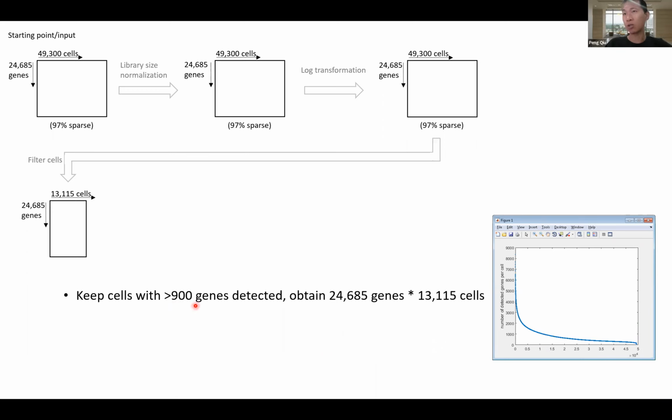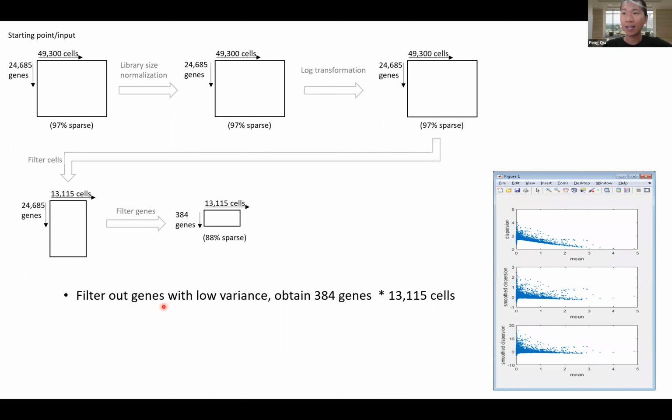Right, and then in their next step, they filtered genes. Okay, so the way they did it is to compute the mean and dispersion of every gene. So the raw mean and dispersion shows some kind of trend, but after detrending, what they had was each dot is a gene, and the horizontal axis is the mean of the gene, the vertical axis is the dispersion of the gene.